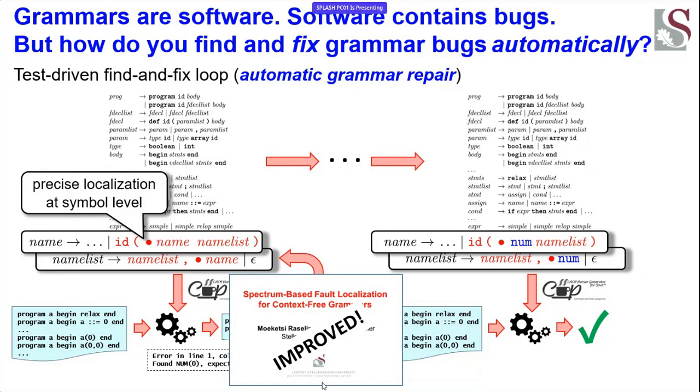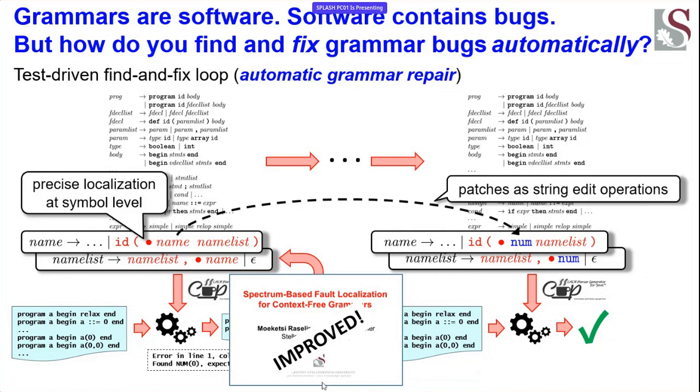Second, what kind of repairs do we use? We rely on small-scale operations that apply the standard string edit operations to the rules of the grammar. So we replace, delete, insert, or swap symbols on the right-hand side of a grammar.